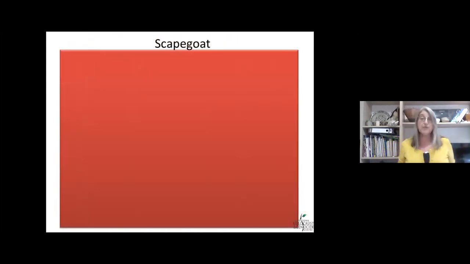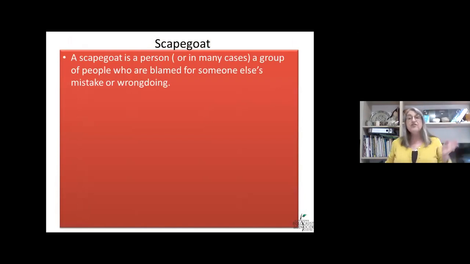So what's a scapegoat? A scapegoat is a person, or in many cases, and most cases indeed, a group of people who get blamed for someone else's mistake or wrongdoing.